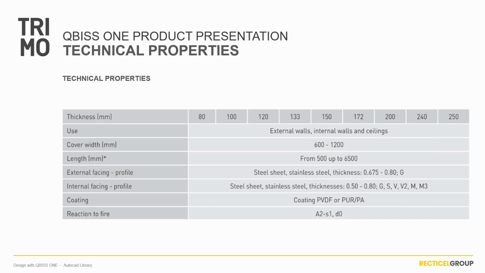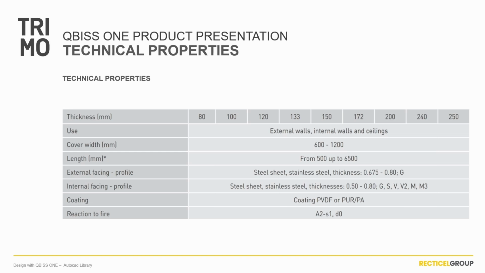External facing thickness varies from 0.7 to 0.8 and is always with a type G profile, so it's smooth or flat. Internal facing profile thickness varies from 0.5 to 0.8 millimeters and is possible with different types of profile, so smooth, standard, microline, and so on.